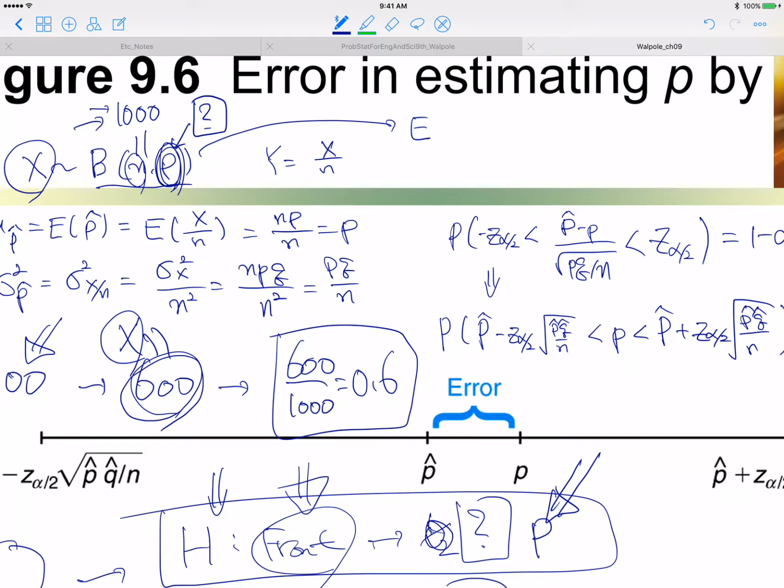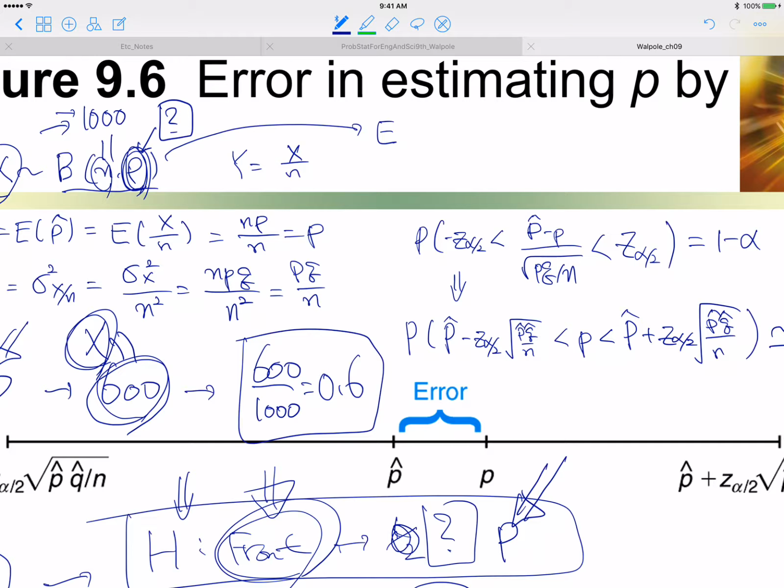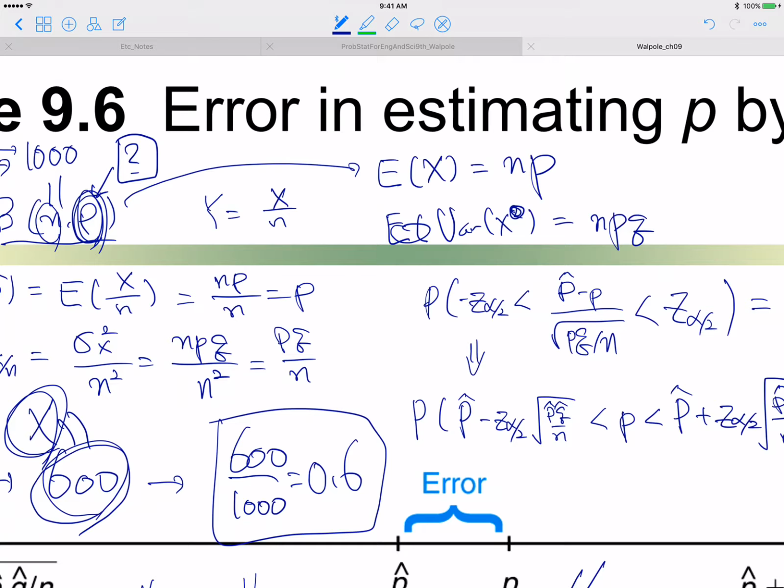We still do not know p, and the random variable x, which represents the number of events of seeing the front side of the coin, has the expectation value np. And the variance of this x for the binomial random variable is npq. That's what we studied previously.